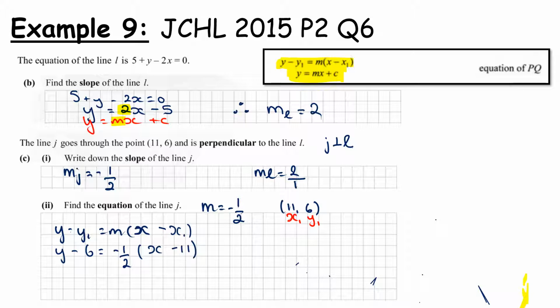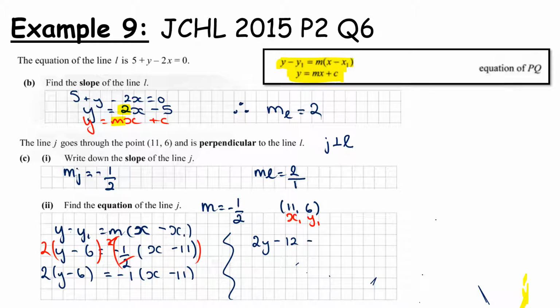We first of all get rid of that fraction by multiplying both sides by 2. And we get 2 times y minus 6 is equal to minus 1 times x minus 11. Multiplying that out, we get 2y minus 12 equals minus x plus 11.